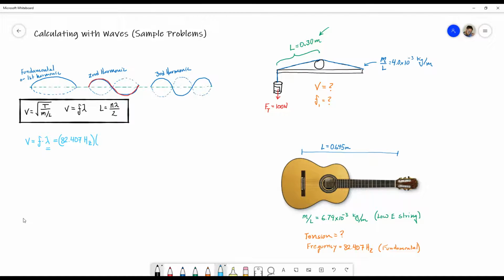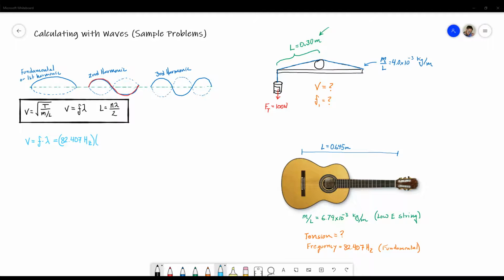And remember, again, for the fundamental mode, I only have half of the wavelength here. So if the length of the string goes from here at the bridge up to here at the nut, and that's 0.645, I need to actually double that in order to figure out what the actual wavelength is overall. So I'm going to grab my handy dandy calculator, because why not?